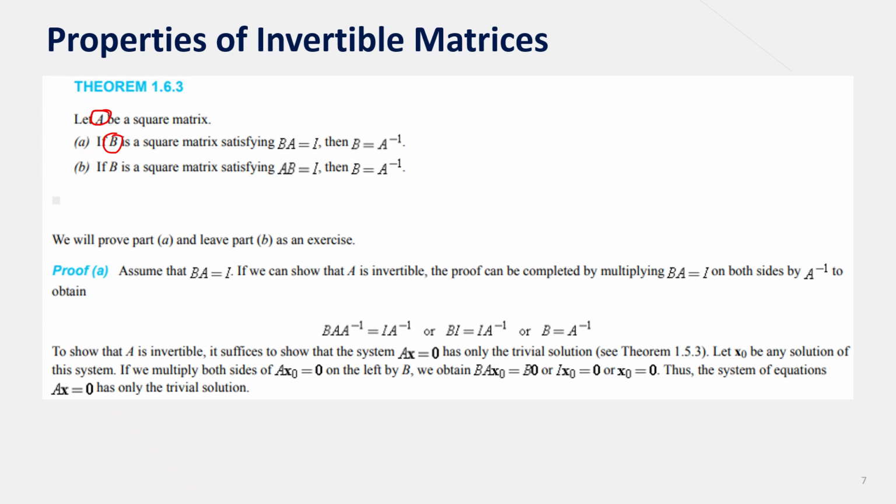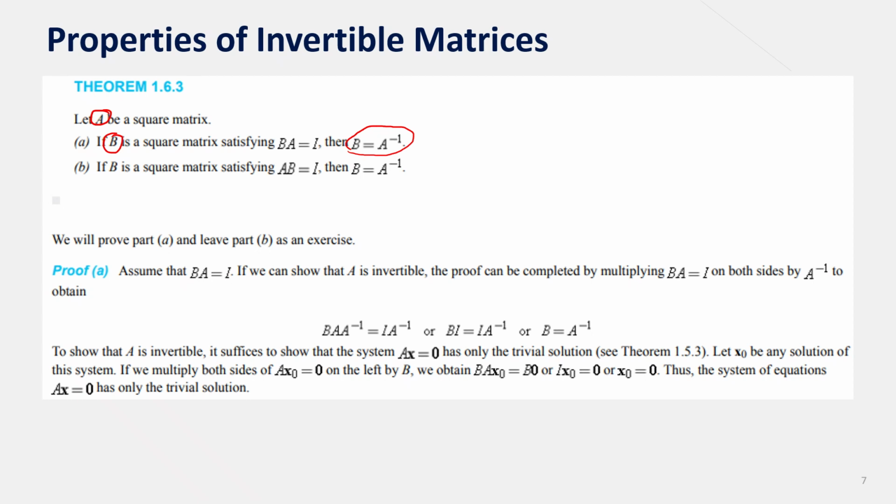If B satisfies this condition, B multiplied by A equals the identity matrix, then you can be certain that B is actually A inverse.